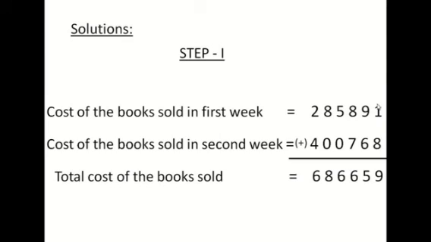So addition here, 1 plus 8, 9, 9 plus 6, 15, 1 will be carried over, 8 plus 7, 15 plus 1, 16, 1 will be carried over, 1 plus 5, 6, 8 plus 0, 8, 2 plus 4, 6. Now write down the final answer.